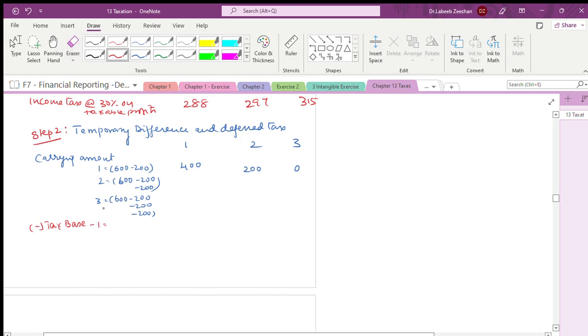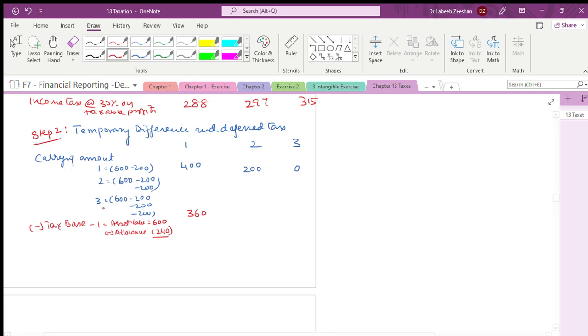The carrying amount is the asset value. The asset value is 600. Now, how much is the allowance? The allowance is 240. It comes to how much? The tax base is 360.